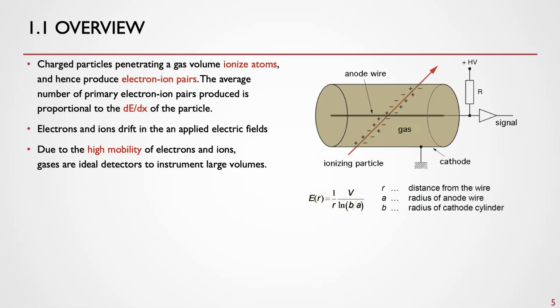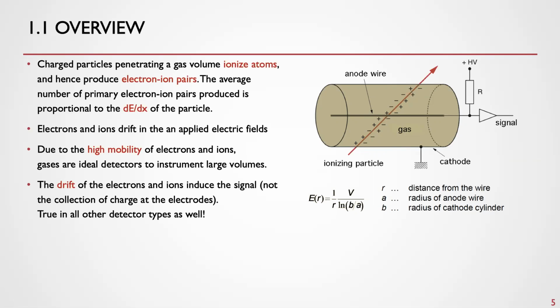The high mobility of the electrons and the ions makes these detectors ideal for large volumes. We'll see that electrons can travel with kilometer per second speeds, and if your readout time scale is in the nanosecond or even microsecond regime, that's enough to completely read out the ionization signal.